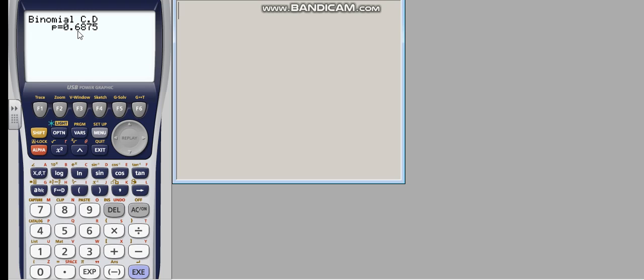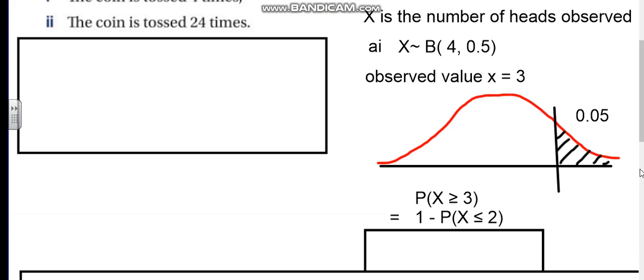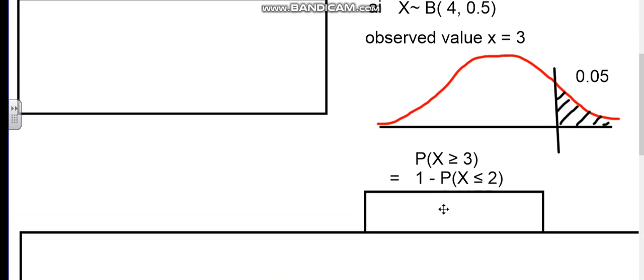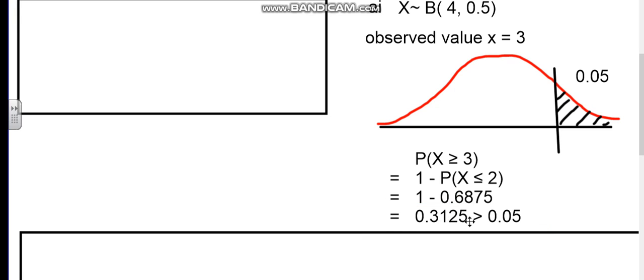So that's less than or equal to 2. So I'm doing 1 minus less than or equal to 2, which is 1 minus 0.6875, which is 0.3125. So where would 3 be on this diagram if greater than or equal to it would be 0.3125?